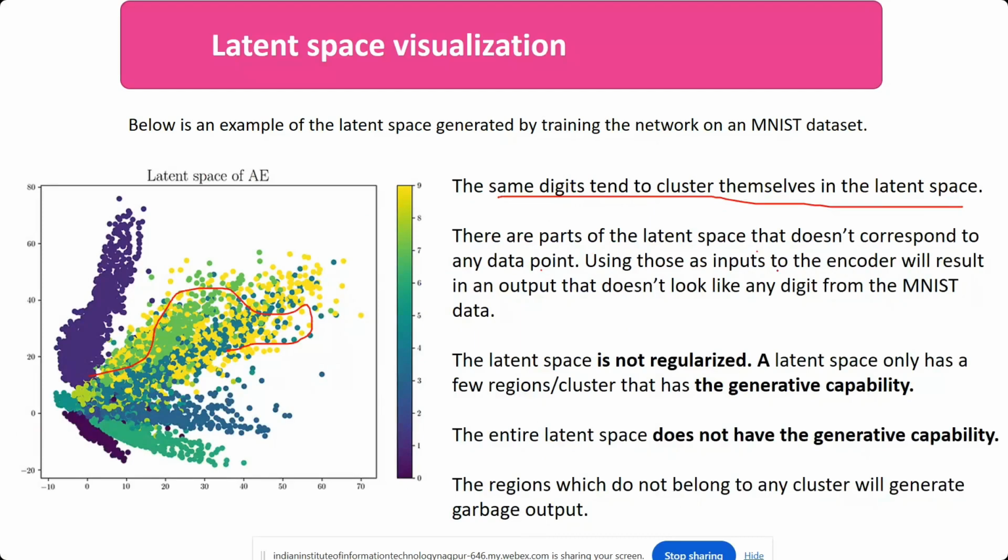Using those as inputs to the decoder will result in an output that does not look like any digit from the MNIST data set. So this overlapping part will give you the garbage image. These regions do not belong to any cluster, so they will generate garbage images. So the latent space is not regularized. A latent space may have only a few regions that have generative capability. Here there is generative capability for this side and this side, but the entire latent space does not have generative capability.